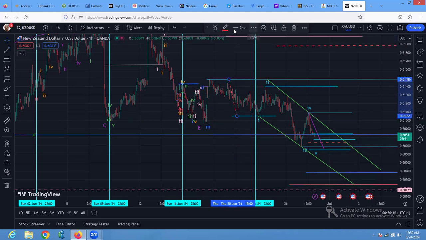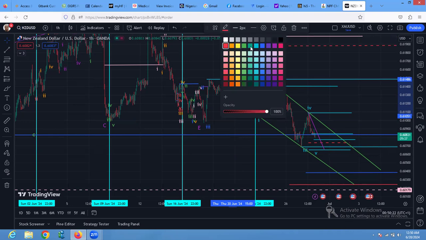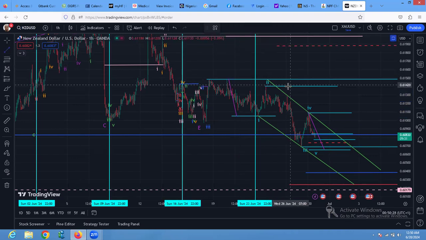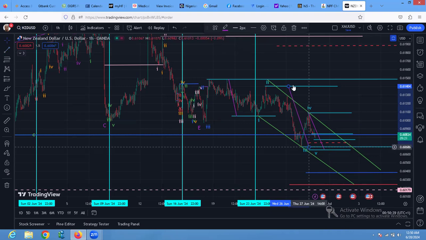If it's going to be equal to wave 1, then that's it. If it's going to be equal to wave 3 from here, it's going to be equal to wave 3.